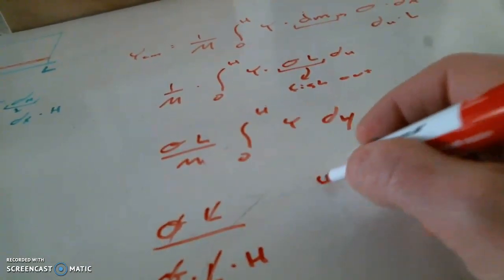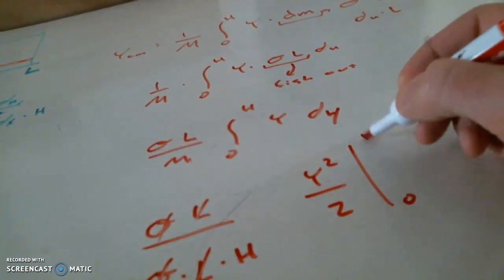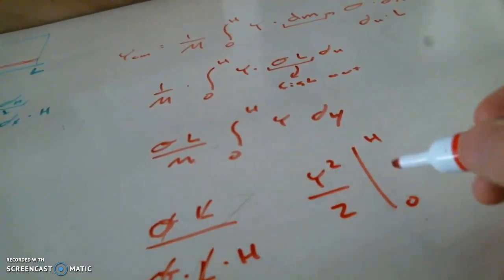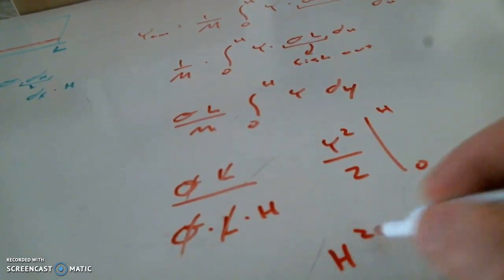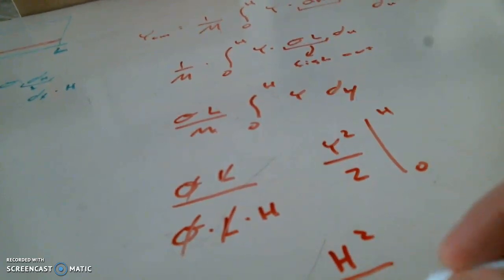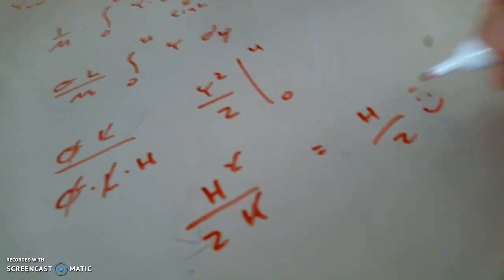This becomes y squared over 2, and I go from 0 to h, and I'll plug that h in there, and this becomes h squared over 2h, doesn't it? And we know that kills that, so this equals h over 2, and that should make sense. There is our y center, half of the height.